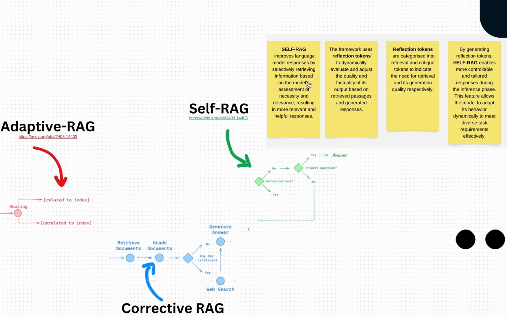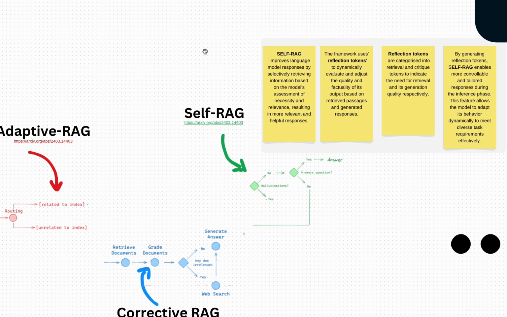So self-RAG improves language model responses by selectively retrieving information based on the model's assessment. And the main concept of self-RAG is that they produce something called reflection tokens, so it dynamically evaluates and adjusts the quality of the responses.